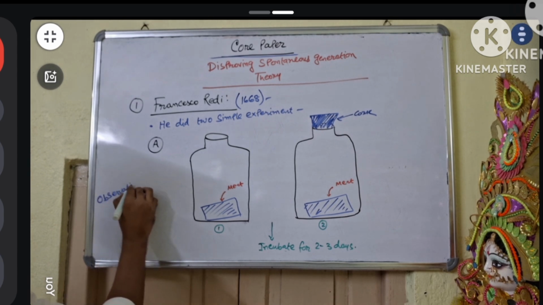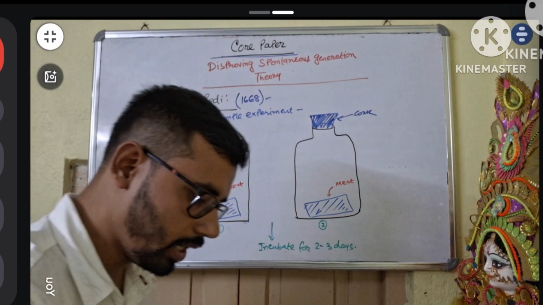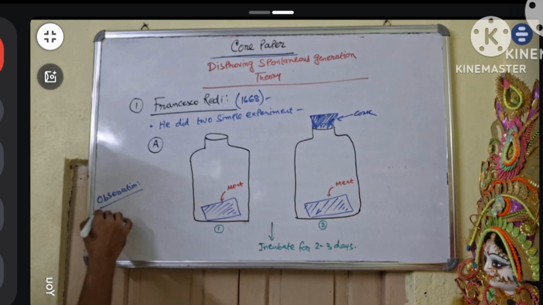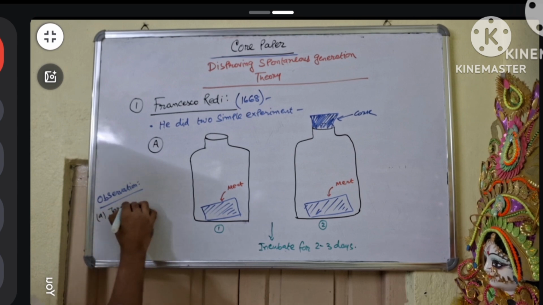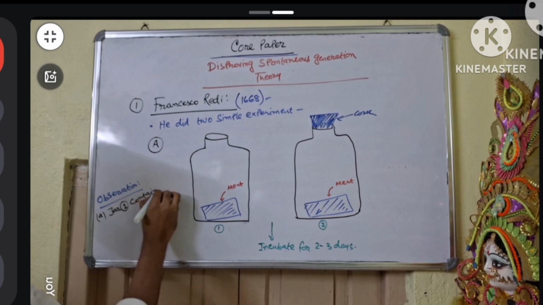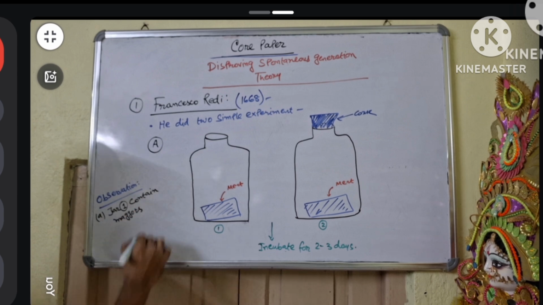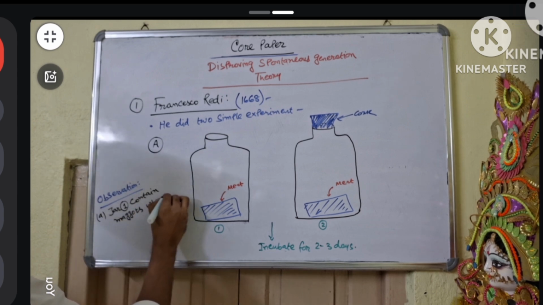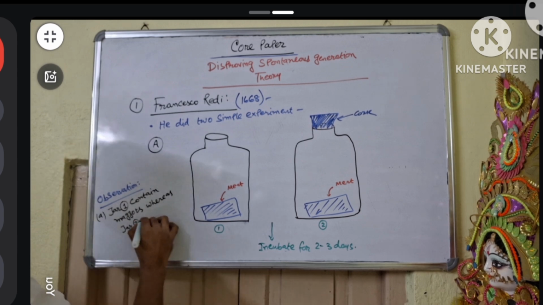Now, the observation of this experiment: jar number 1 contained maggots, whereas jar 2 was absent of maggots.